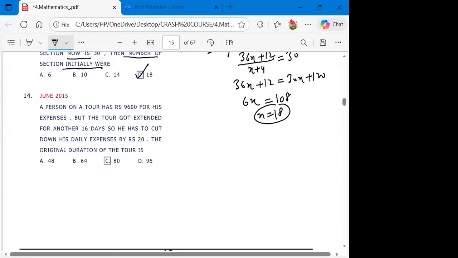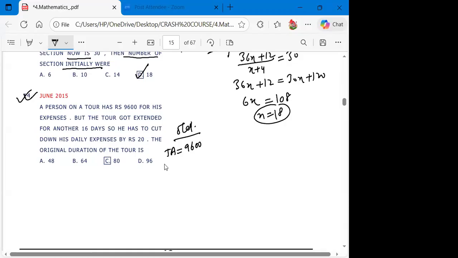Just see. A person on a tour has rupees 9,600 for his expenses, but the tour got extended for another 16 days. First, I'm writing the old position. Total amount how much? 9,600. How much was he having? 9,600.